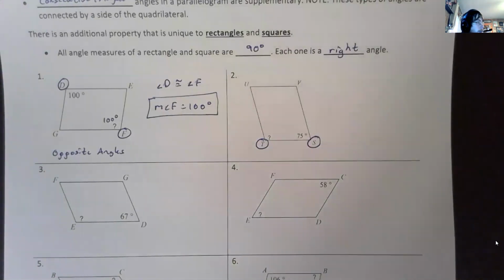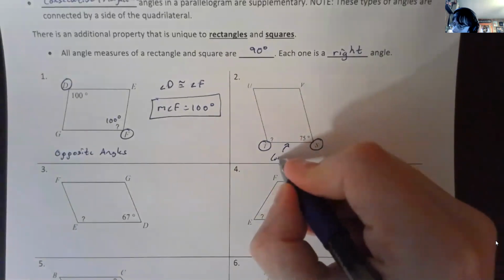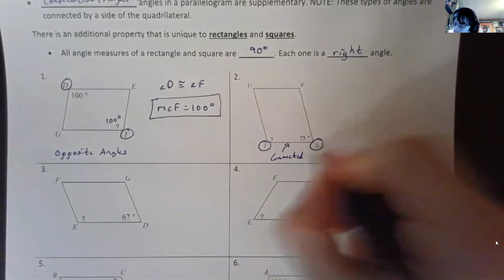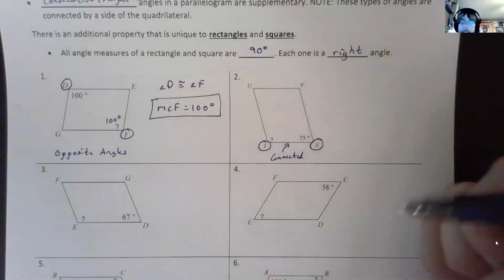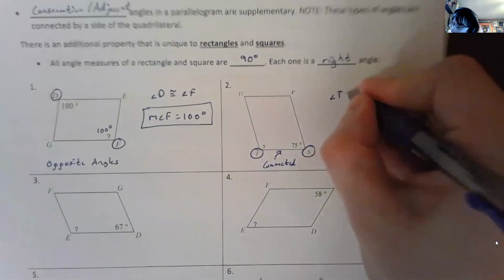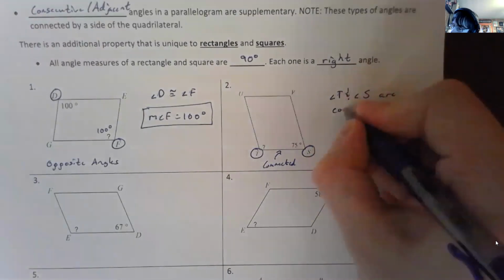Are they directly connected by the side of the quadrilateral? Well, if we look here, we see that they're connected right here. They're connected directly. We don't have to draw a diagonal or anything. So T and S are consecutive.